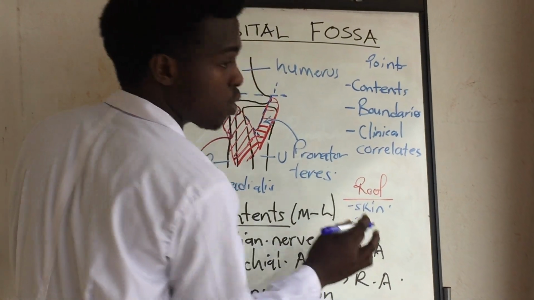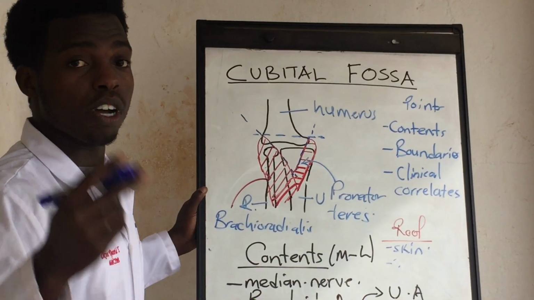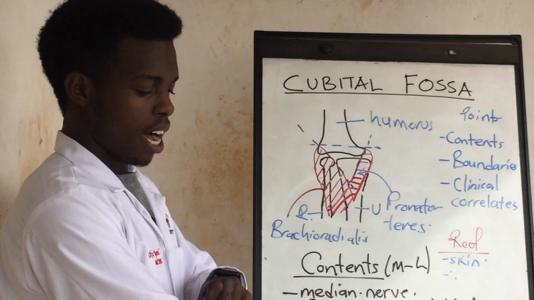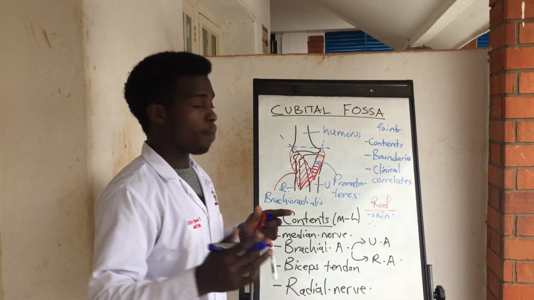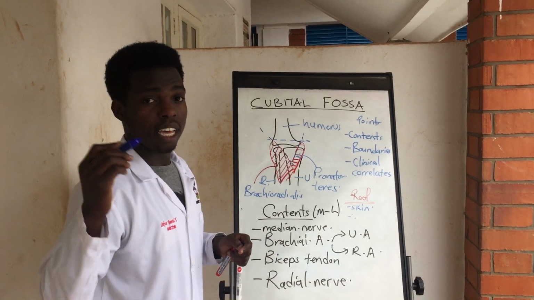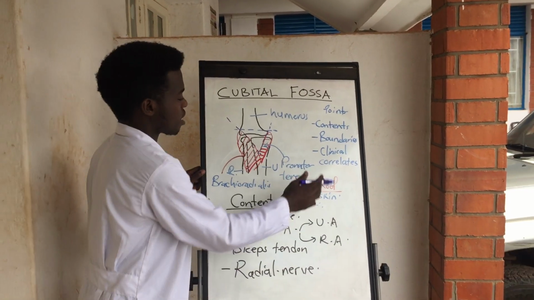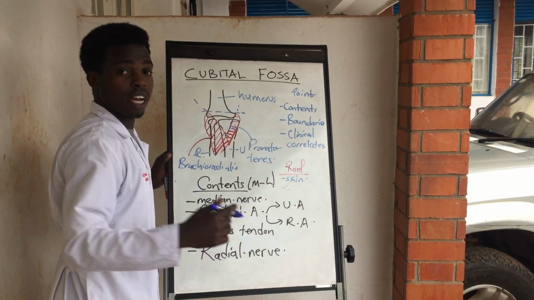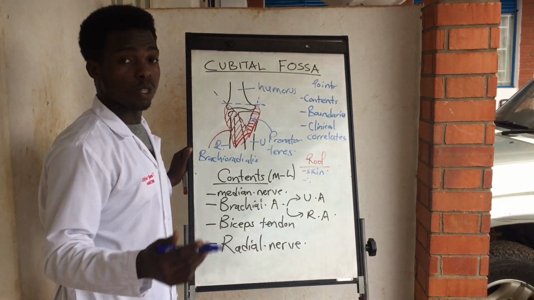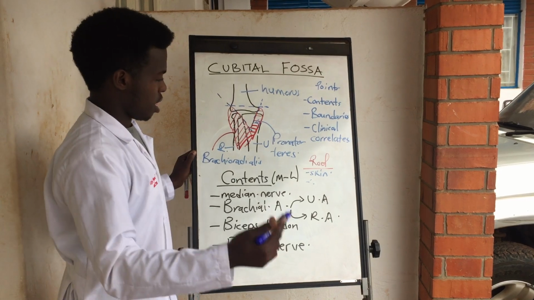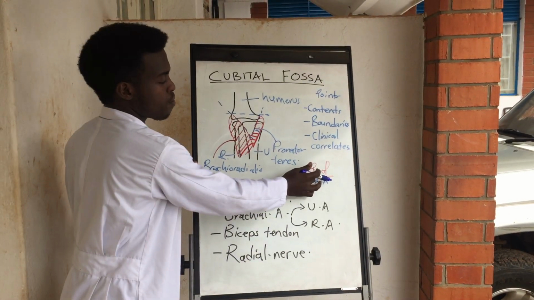But in that superficial fascia, what are you going to find? You are going to find the veins, the medial cutaneous vein. After that you go to the deep fascia. Then from the deep fascia you go to the bicipital aponeurosis. That's the contents of the roof.